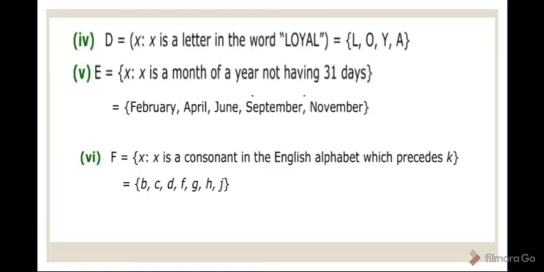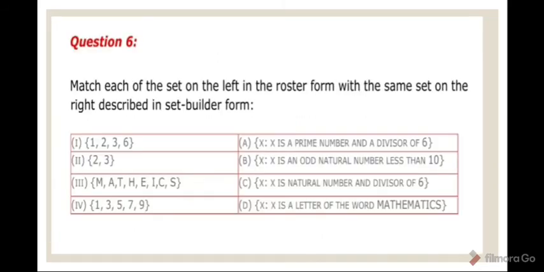Obviously, A, E, I are vowels. So, the consonants in the English alphabet which precede K, that means which come before K, are B, C, D, F, G, H, J. So, this is all about question number 5.